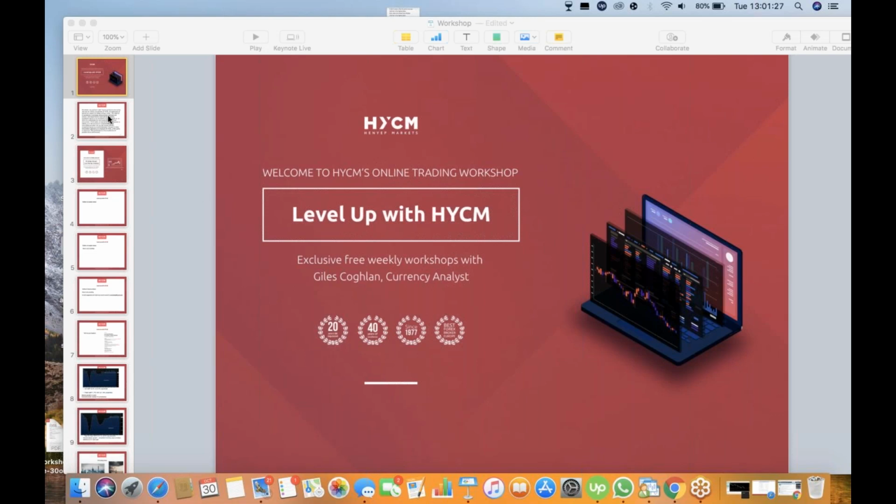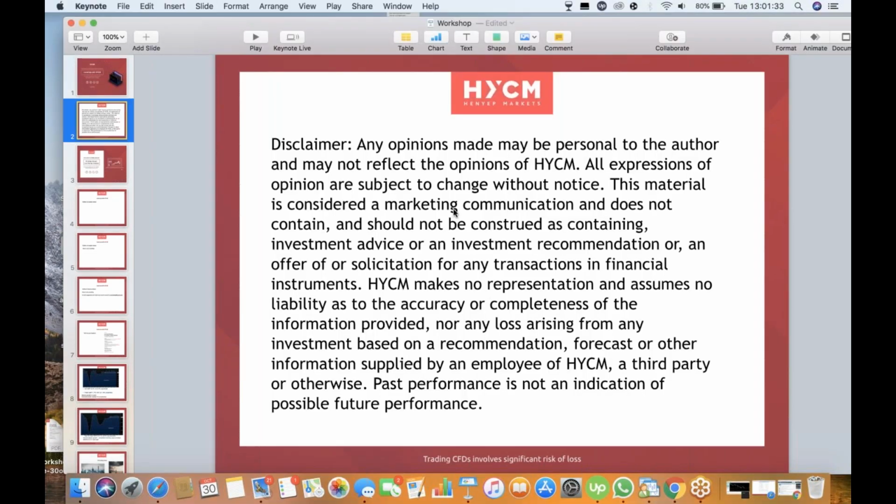Well, let's get going, and I'll explain how these workshops are going to run. Before I do, it's very important that I just flick up this disclaimer for you, particularly with this workshop. The aim of this workshop is to teach you how to trade for yourself, how to make your own decisions, how you should be looking at the market, the kind of factors that you should be considering. So this is an educational workshop.